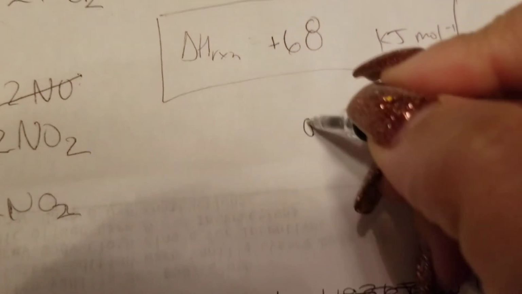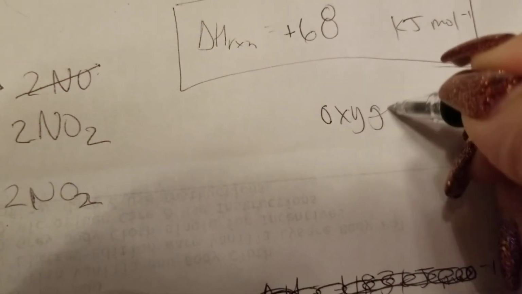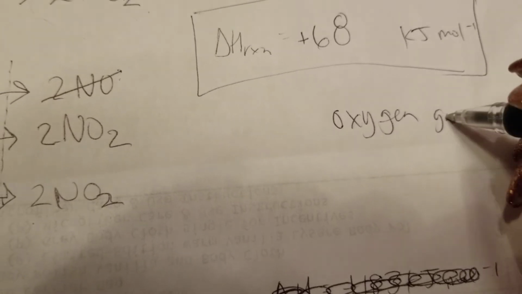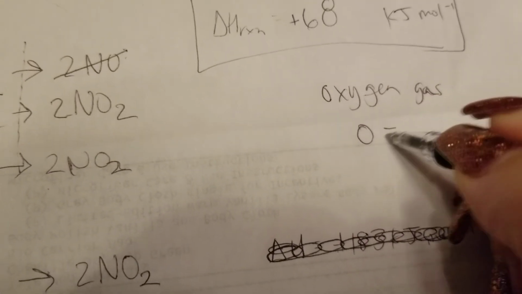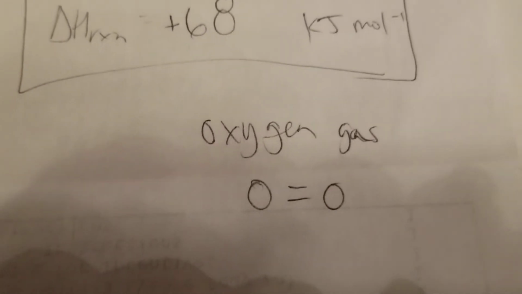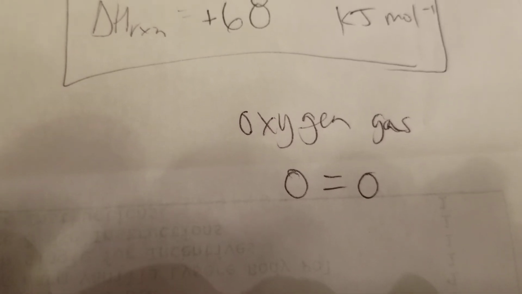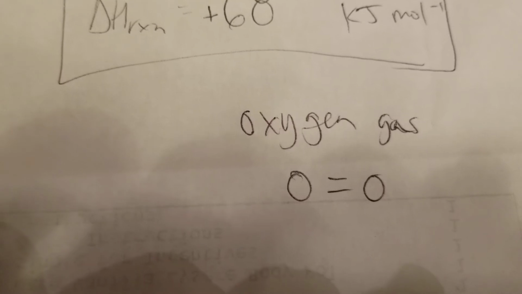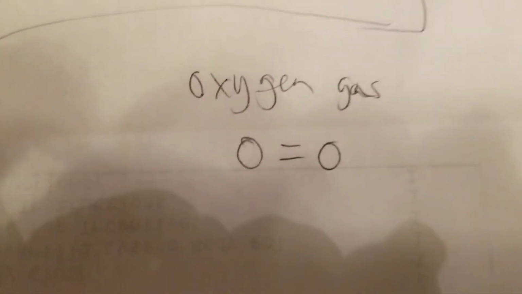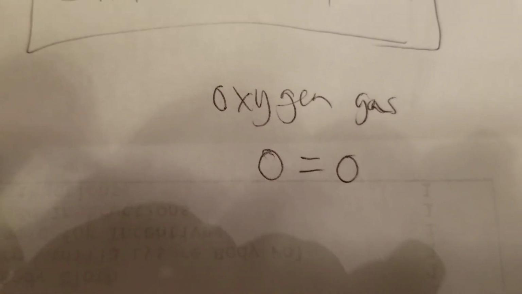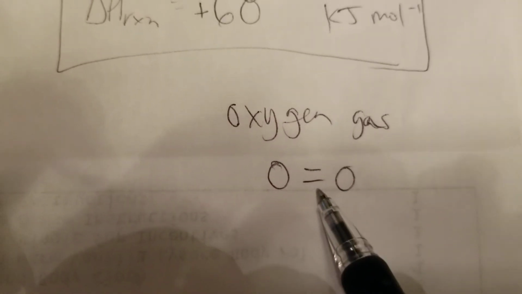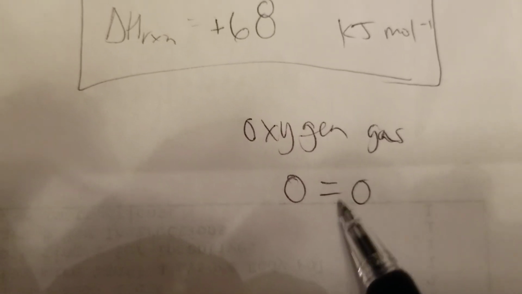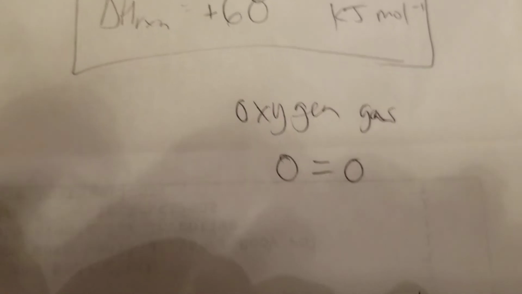I want you guys to add this. Oxygen gas. Add this to your notes, please. It's just O double bond O. Those electrons don't move. That's the only way that those electrons are going to be arranged. So the bond order is 2. Okay? So this bond order is 2.